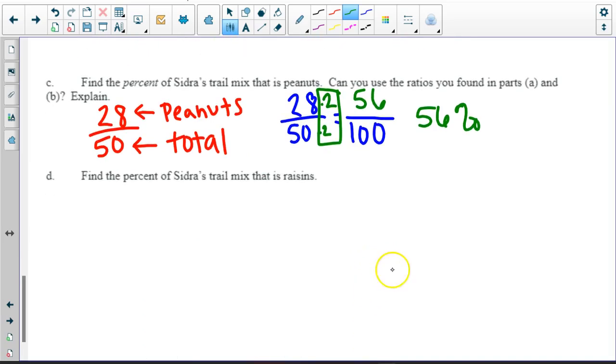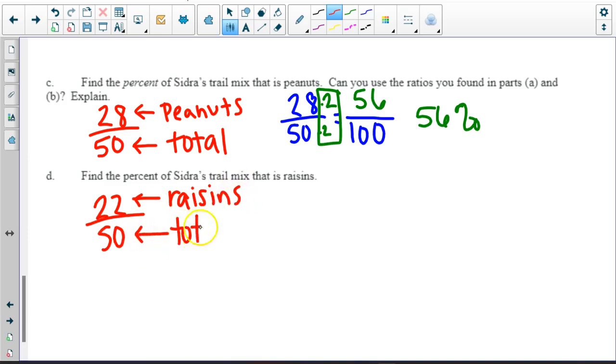All right, let's start out with our fraction. Her fraction for her raisins was 22 out of 50. Again, the 22 is representing the raisins, and the 50 is representing the total. So now we need to make a percent.